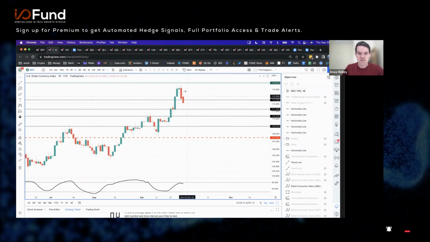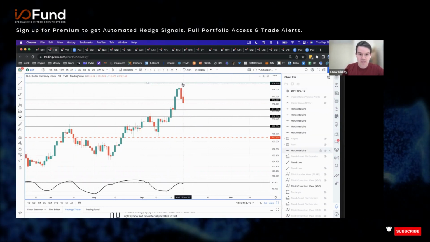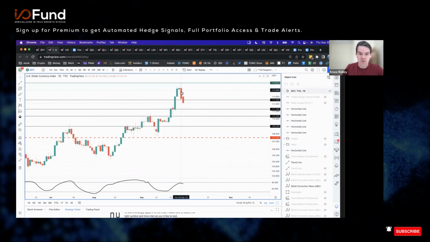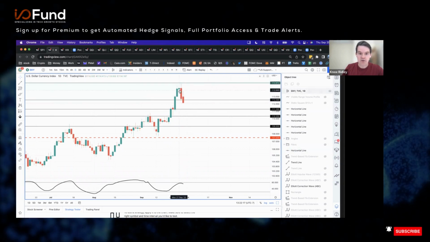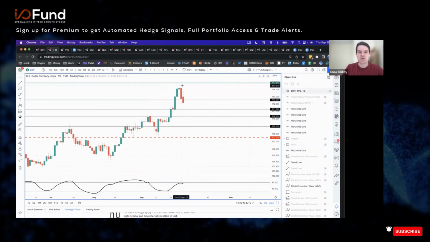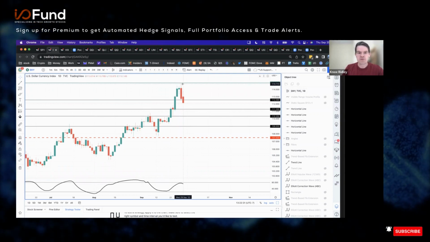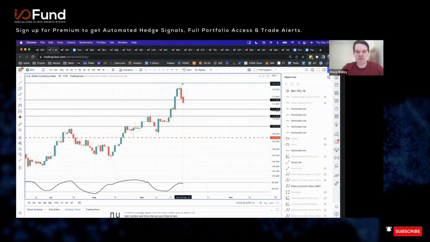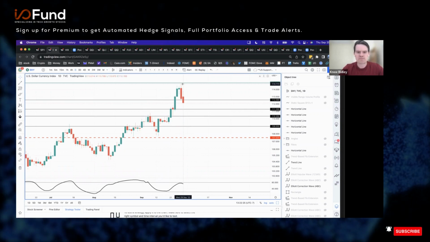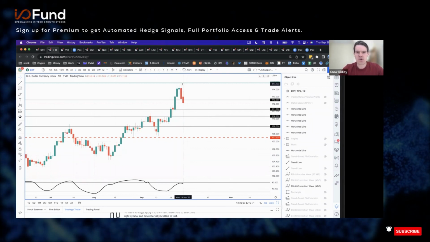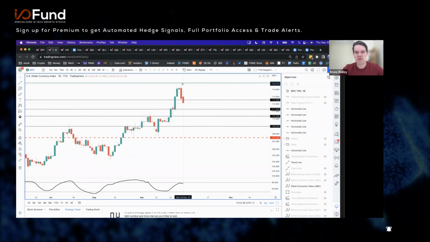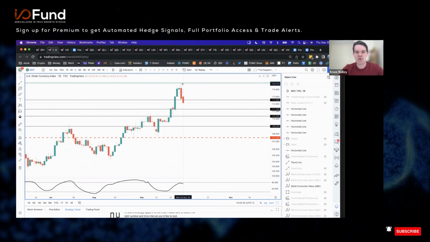The other positive sign is this candle pattern right here. You see how the top of the wick all the way to the bottom of the wick completely engulfs the prior two candles. This is a bearish key reversal signal. It's called a bearish engulfing pattern, and they tend to occur right around meaningful shifts in markets.